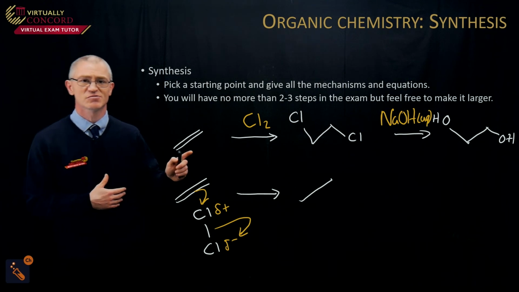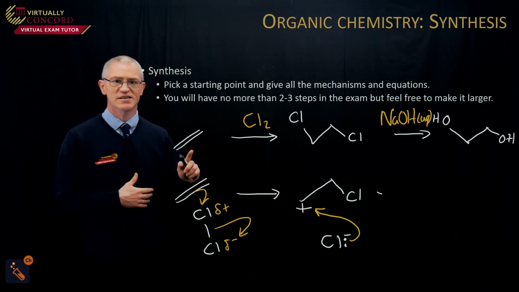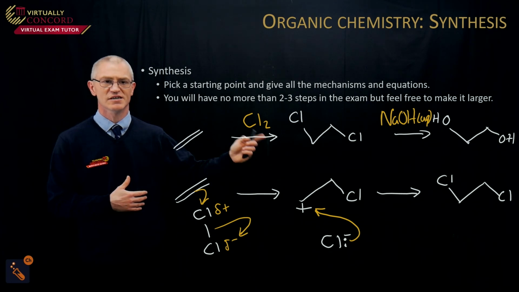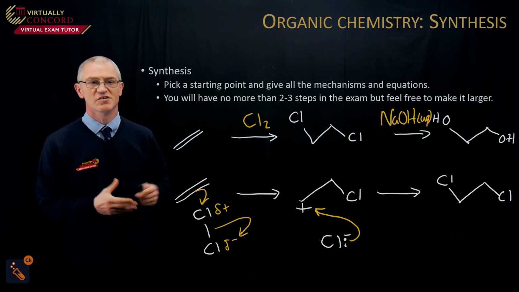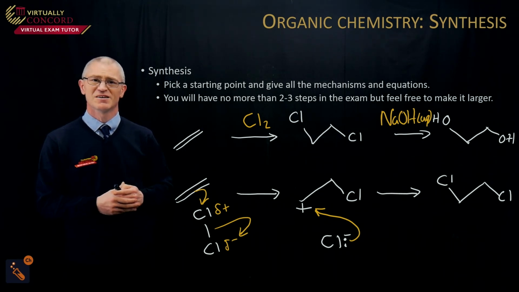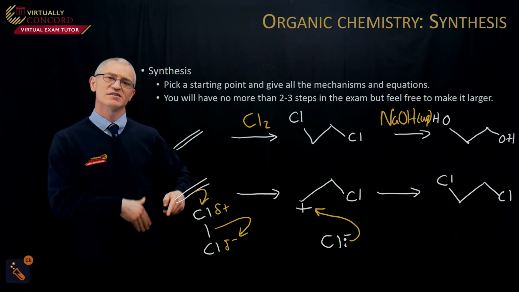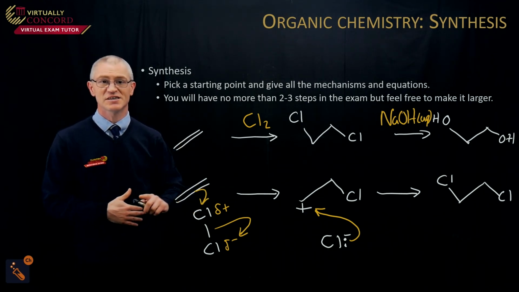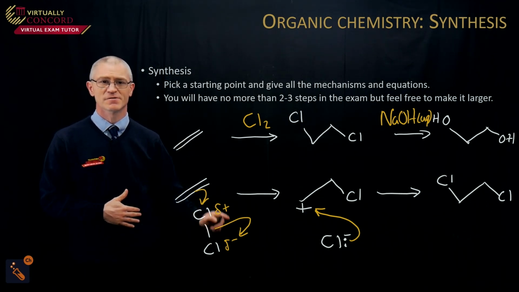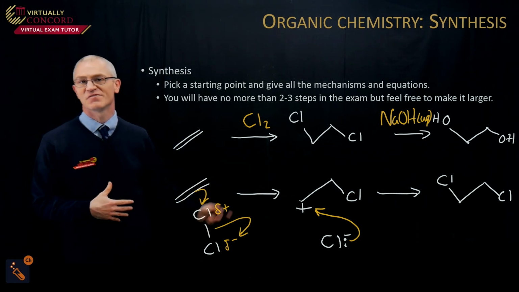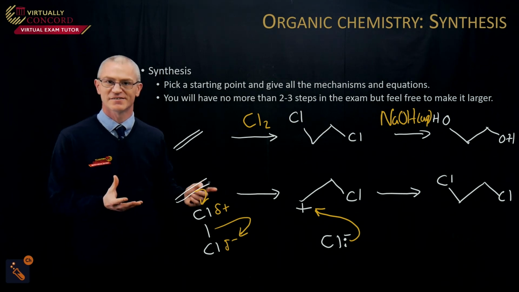So you can see on this one, I have taken ethene, turned it into dichloroethane, turned that into dihydroxyethane or ethane-1,2-diol. So I could do the names of these, I could do the bond angles on these, I could do the mechanism, and as you can see, I've done the mechanism right here. I can't fit everything I would like to do on this screen.